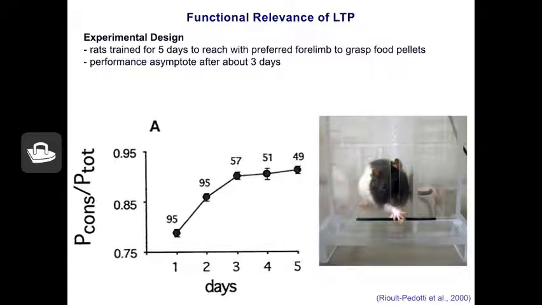So, Rio Peddotti trained the rats for 5 days and found that the rats' abilities reached asymptotic performance after about 3 days. The dependent measure in this experiment was a ratio of the amount of food consumed over the total amount of food available.